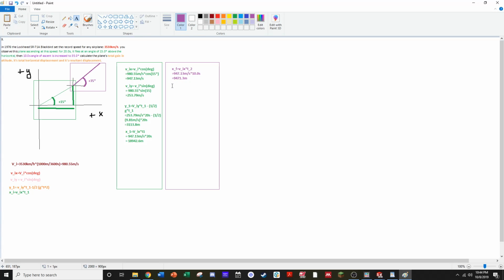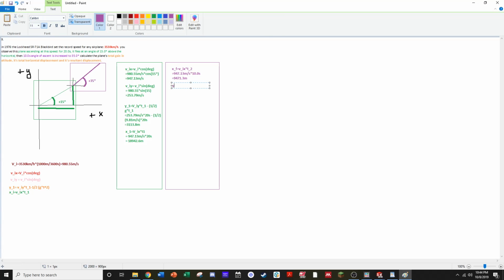Now we're going to calculate for the y direction. So y sub f, the y final, is the initial v times t squared, minus 1/2 the gravitational constant times t squared.